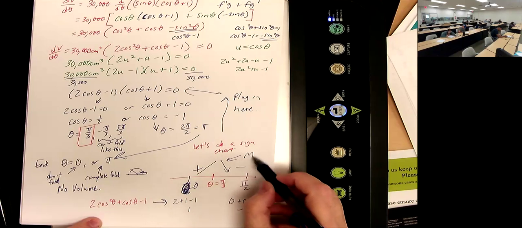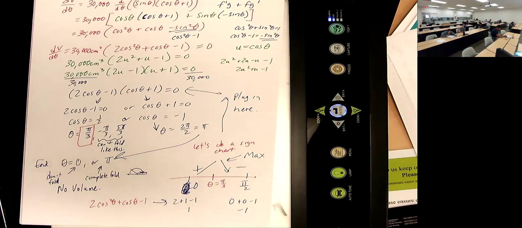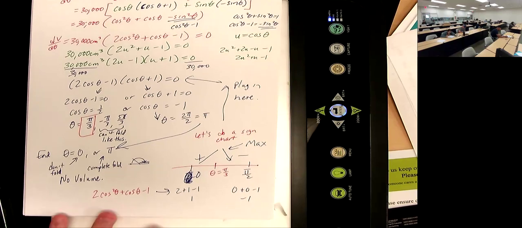That is indeed a max. So the volume is maximized there. Maybe you have to do some trig that you probably haven't had to do in a while. That's a good problem.